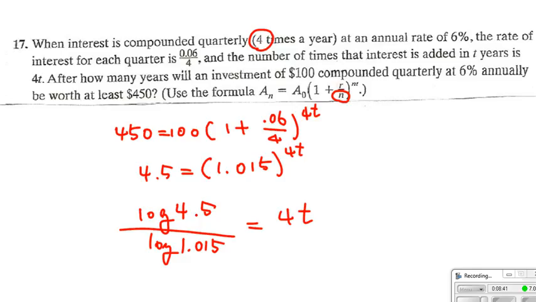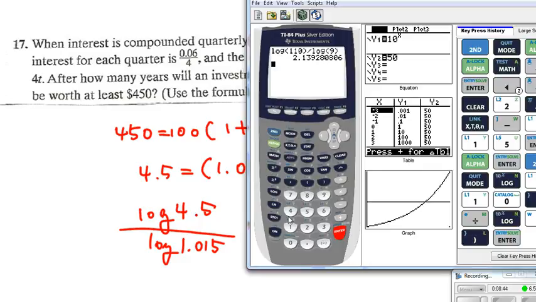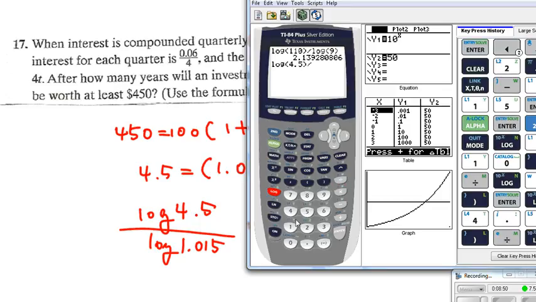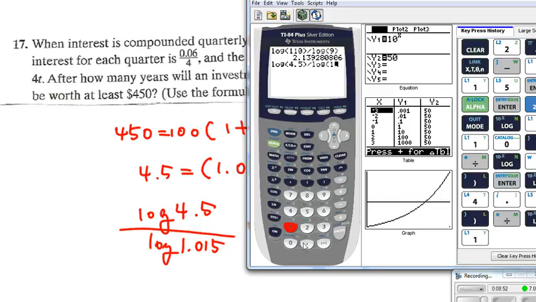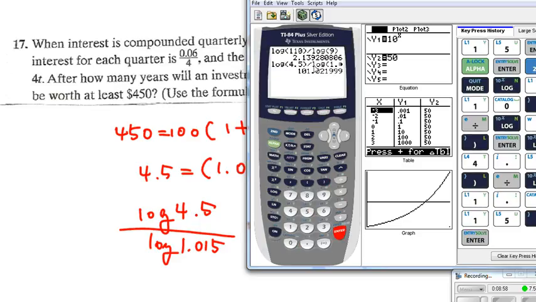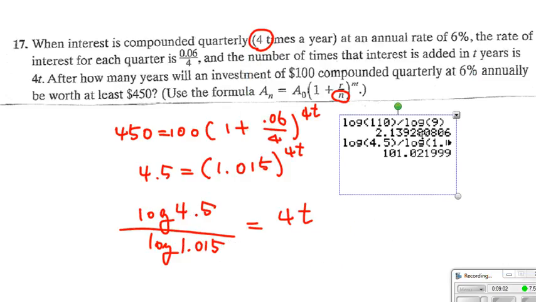Now, then what we're gonna actually just try to do is this one. Log of 4.5 divided by log of 1.015. All right, so that's basically what we have.